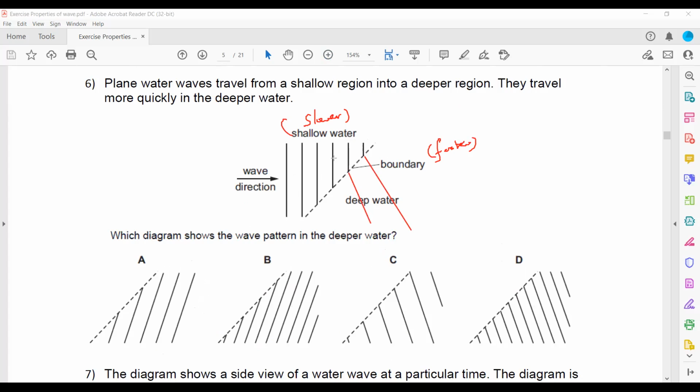If its speed does not change, then it will travel in this manner. But as it is traveling faster, the distance or the gap size increases. So what is the right answer here? That is C. I'll share another link and continue this discussion.